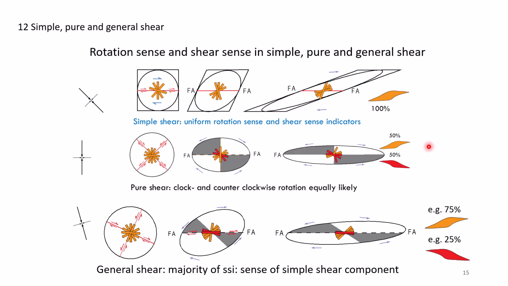So, if you combine simple shear, in which all shear sense indicators are pointing in one direction, and a pure shear case in which you have a 50-50 distribution, you will end up with a 75 and 25 shear sense indicator distribution, top to the right and top to the left, if the components of simple shear and pure shear are equally strong.